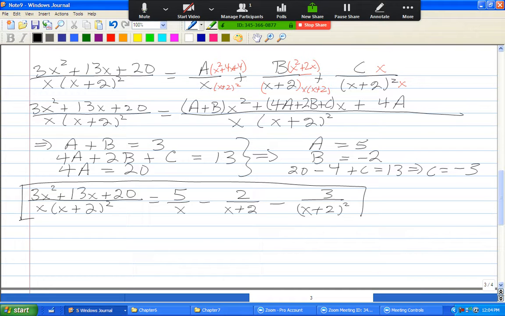And that is a much nicer and simpler way to write my rational expression.